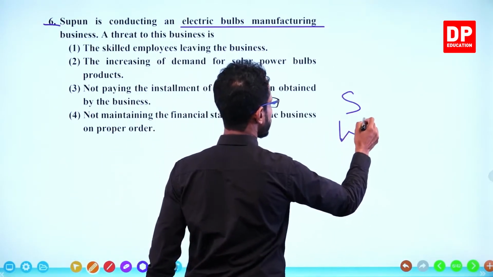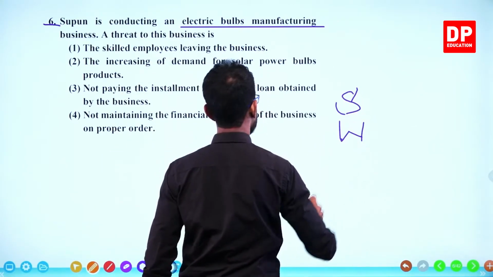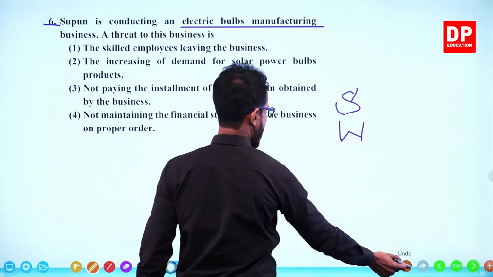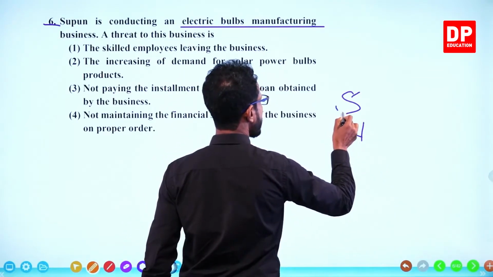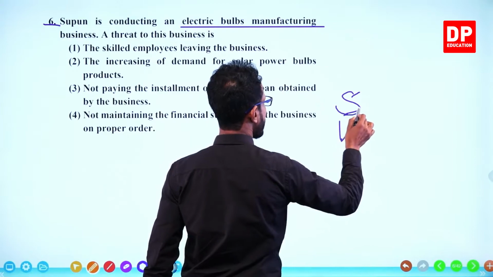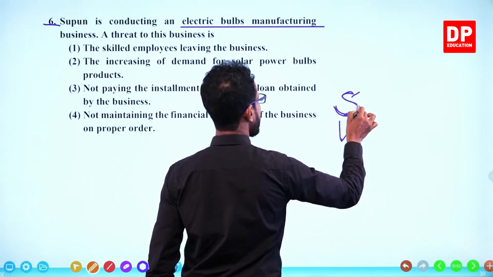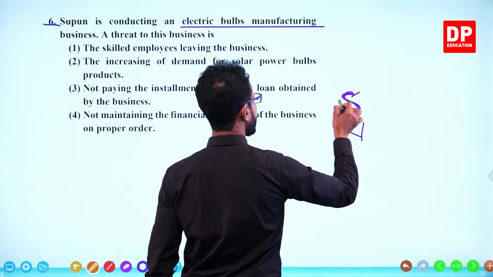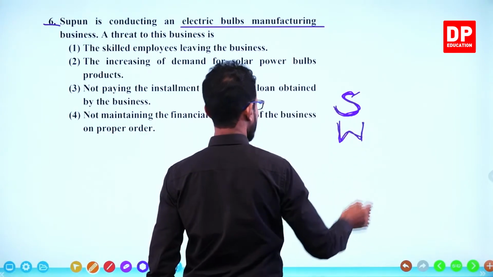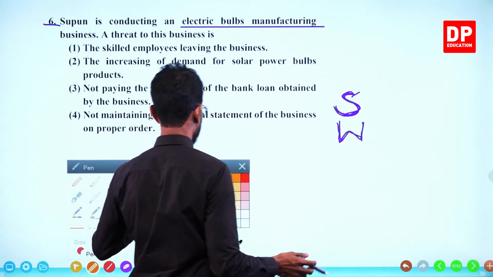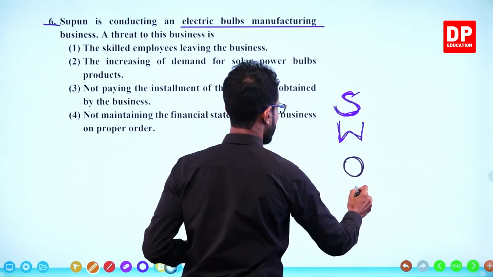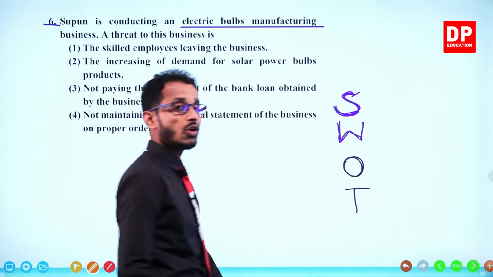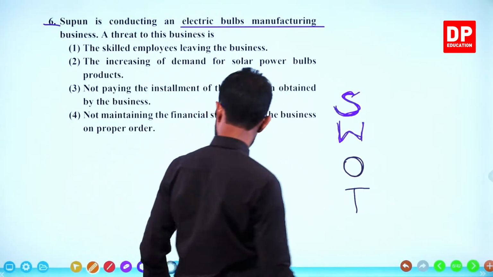Strengths, weaknesses, opportunities and threats. The SWOT analysis.